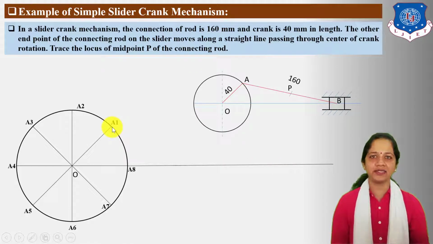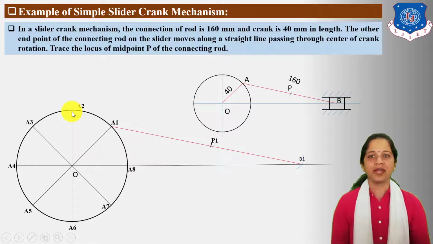So take radius 16 centimeters, center A1, and cut an arc on this horizontal path and mark point B1. Connect A1 B1 as the connecting rod and locate the midpoint of A1 B1, and this midpoint indicates the locus point P1 for the A1 position of the crank.